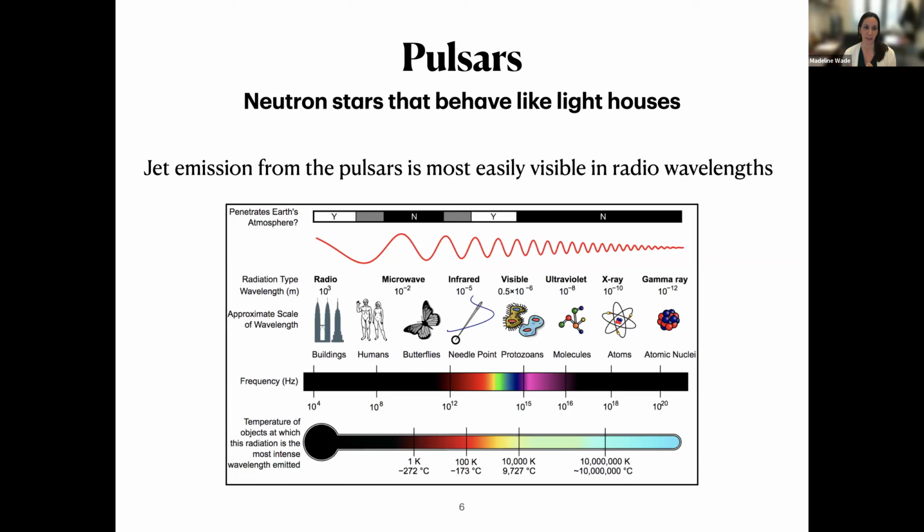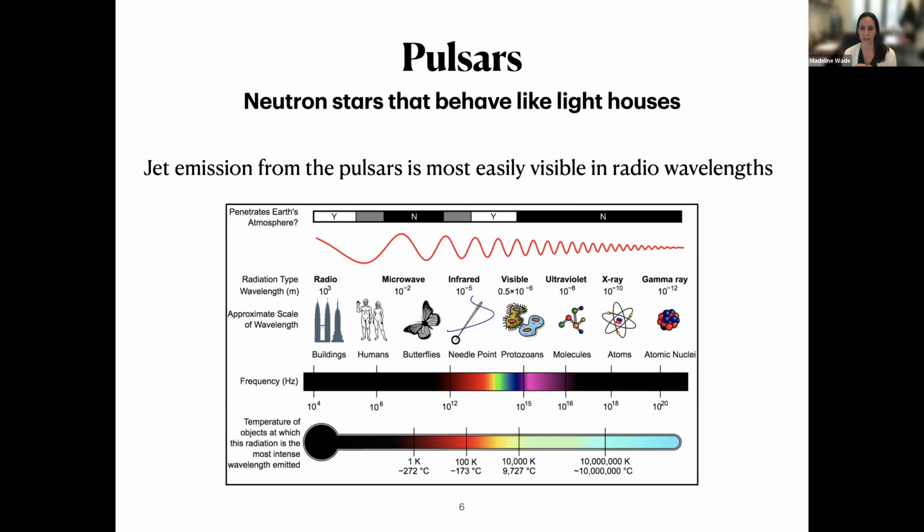The electromagnetic spectrum is the full range of all possible wavelengths of light. All the wavelengths of light range from the most energetic, gamma rays, to the least energetic, radio waves. Pulsar jet emission, it turns out, is strongest, most easily identified in radio wavelengths.